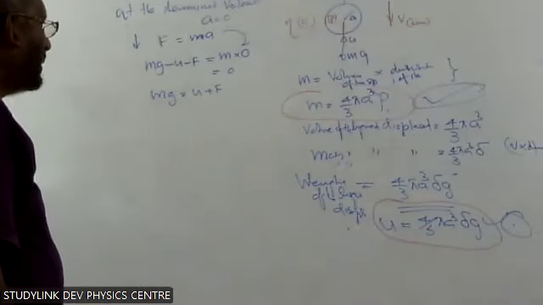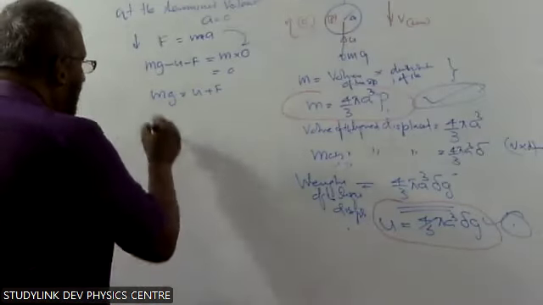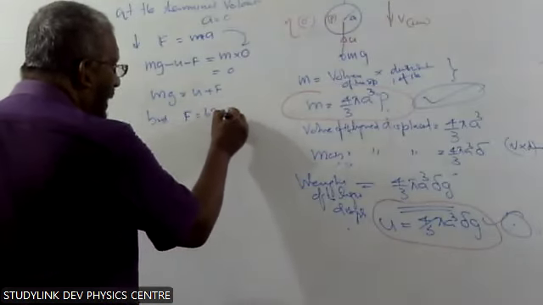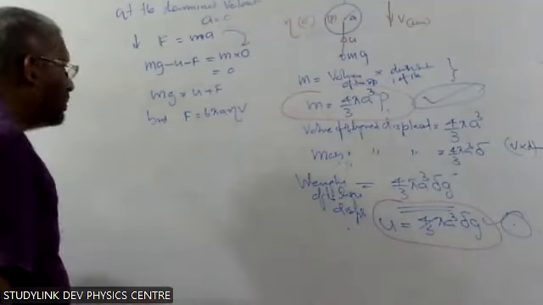For an easy purpose, we'll write it. But F is equal to 6 pi a eta v according to Stokes law.